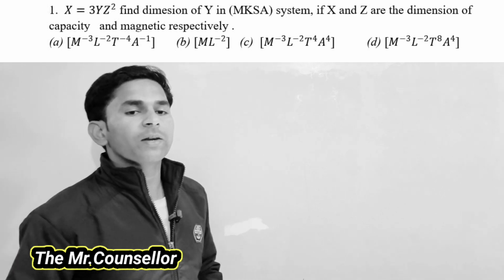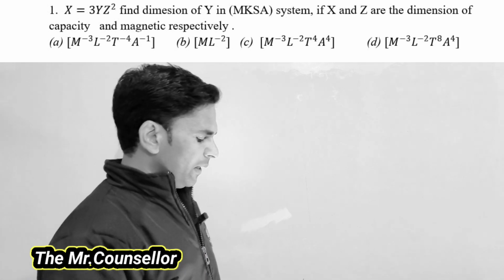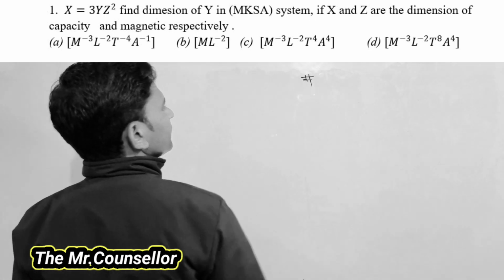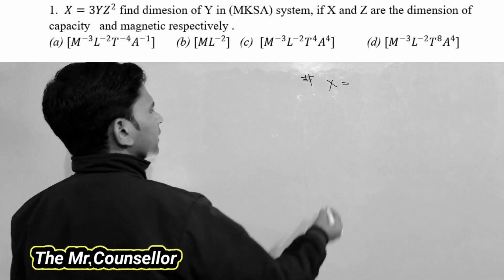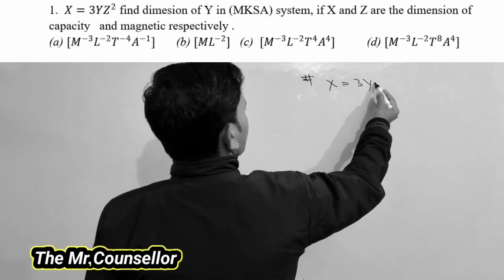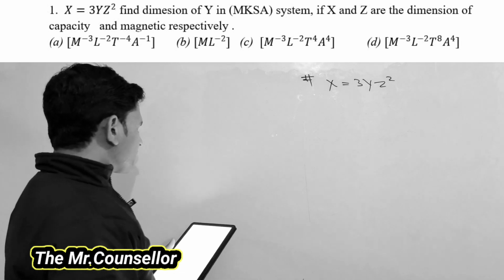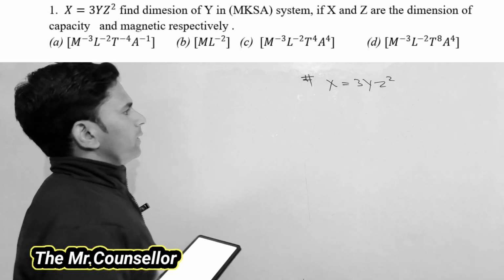So how can we find the dimension? That is the first point. According to the question, it is given that x is equal to 3yz square, and they are asking the dimension of y.